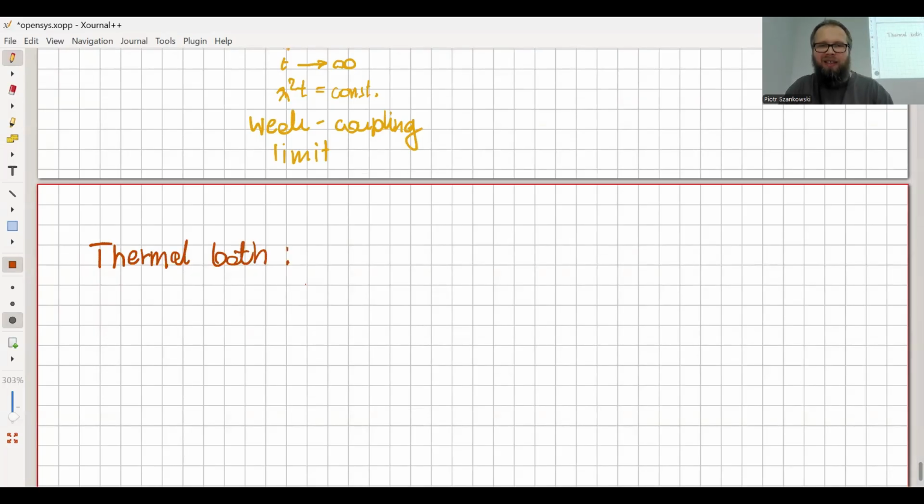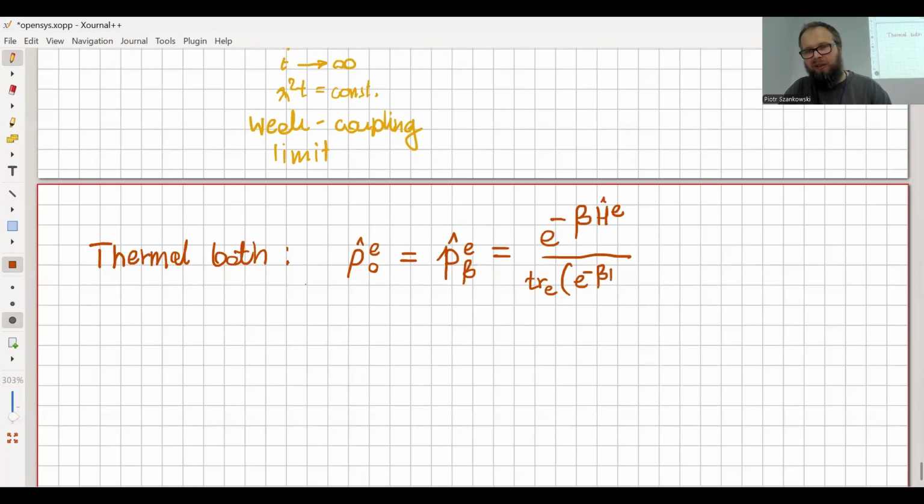So we'll assume that the environment was initialized in a thermal equilibrium state: rho_E(beta) equals e to the minus beta H_E, normalized, so divided by the trace of e to the minus beta H_E, which we will also denote as Z, the statistical sum.